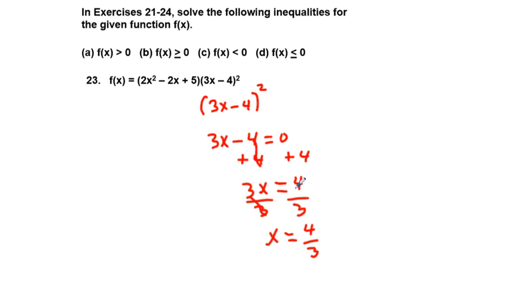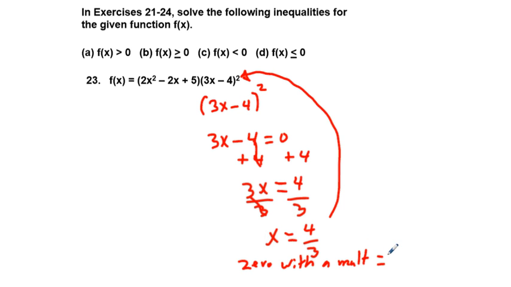That is our zero. And since we have this squared up here, this is our zero with a multiplicity of 2, meaning that the function is not going to cross the x-axis at that zero.